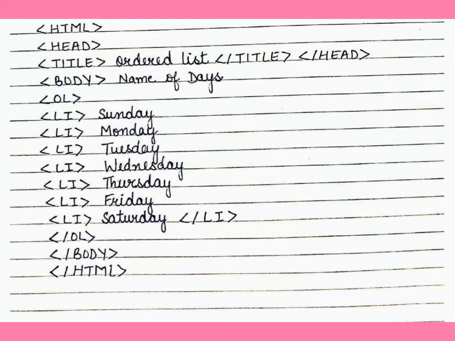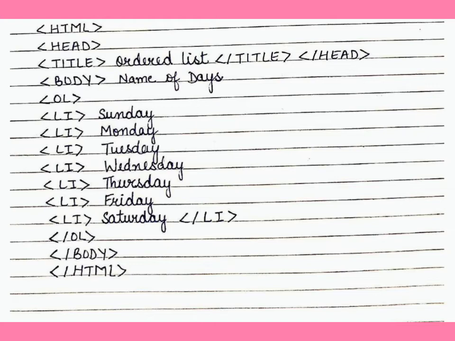Then start with the OL tag, which represents the ordered list. Then the LI tag and write Sunday. Second LI tag and write Monday. Similarly, use LI tags for Tuesday, Wednesday, Thursday, Friday and Saturday.